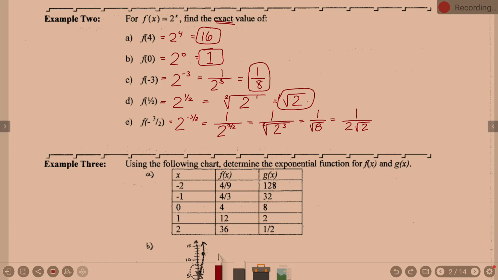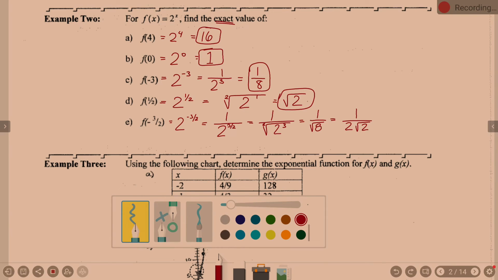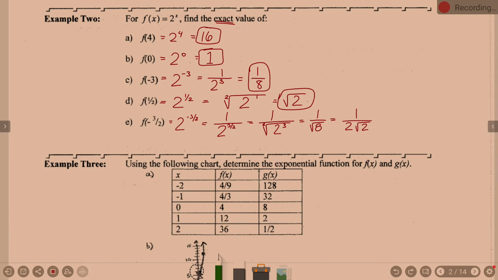Now, this is simplified to an extent. Other than that, officially we're not supposed to leave a radical in the denominator, right? How do you get rid of a radical 2 in the denominator? Well, I'm going to box that answer here in a moment as an option. How do we get rid of a radical in the denominator? You multiply by that same radical, if it's just a single radical.